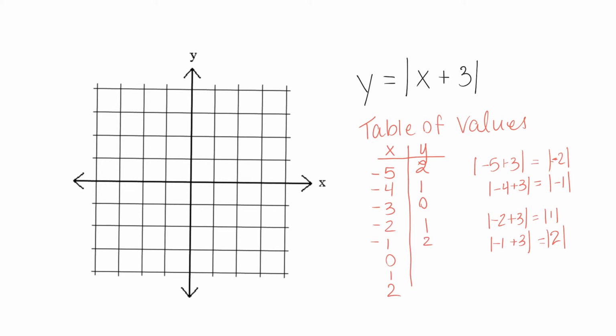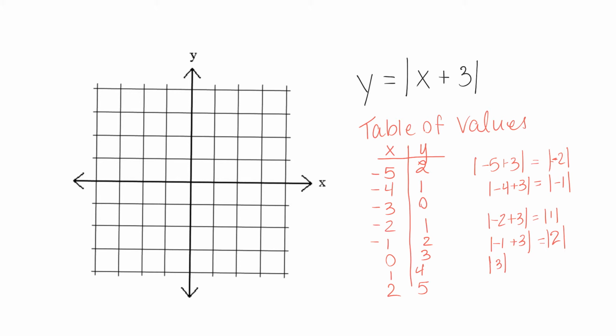The absolute value of 0 plus 3 is 3. The absolute value of 1 plus 3 is 4, and the absolute value of 4 is 4. And then 2 plus 3 is 5, and that has an absolute value of 5. So now we've made our table of values, and we're going to go plot these points.